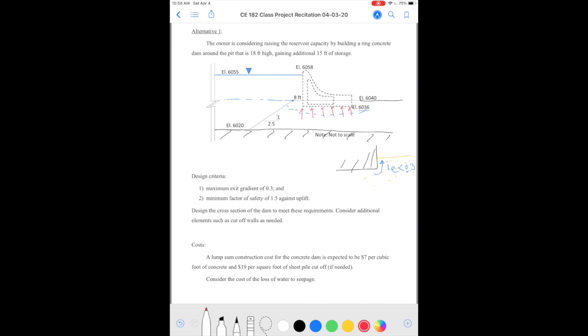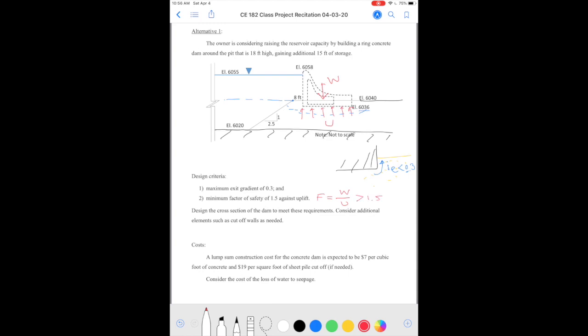So if the weight of the structure is W and the total uplift force is U, we want to make sure that the factor of safety, which is W divided by U, is greater than 1.5.